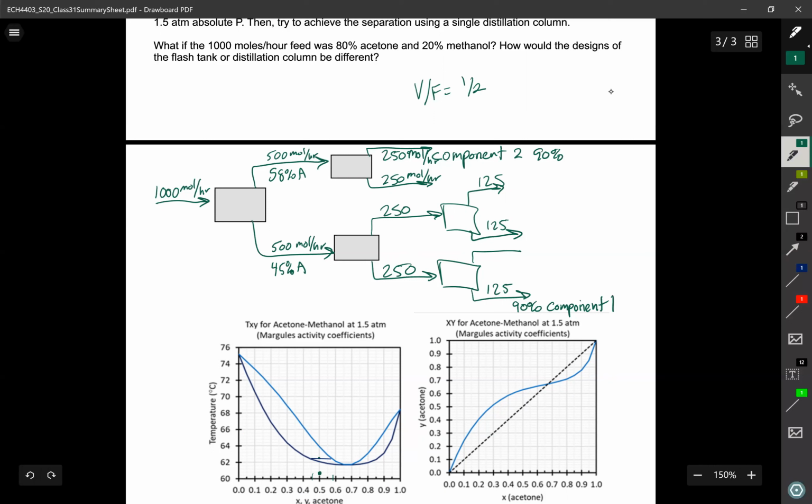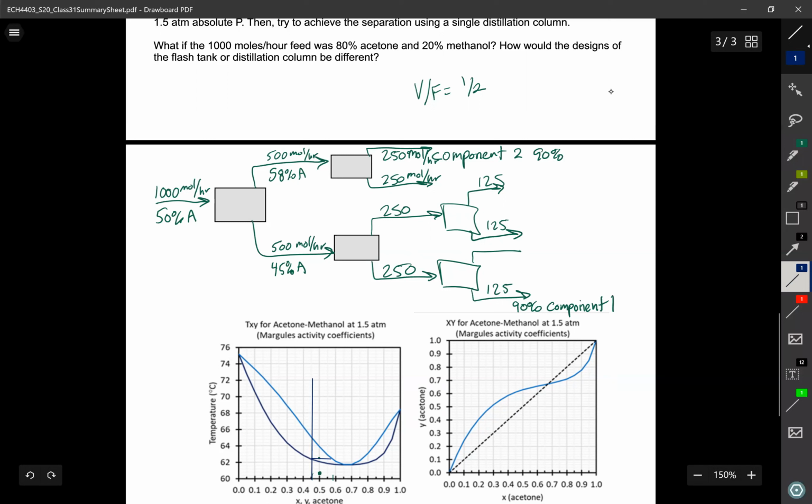Also to make things easy, I'm only going to specify my acetone mole fraction. I'm not going to worry about my methanol mole fraction because I always know that it's 100% minus the acetone mole fraction. All right, let's do the liquid side first. If I split that in half again, then I'm going to be splitting along this line.